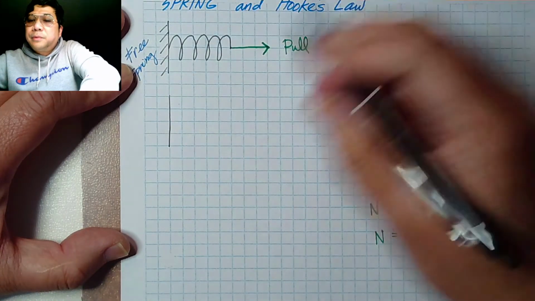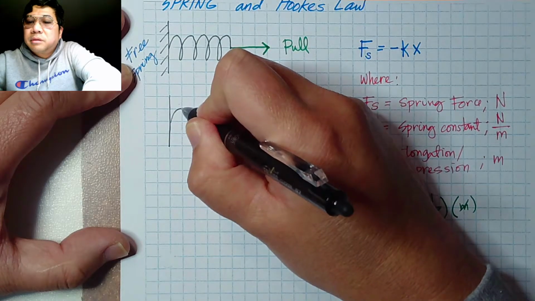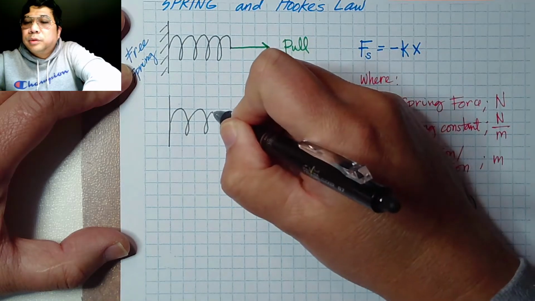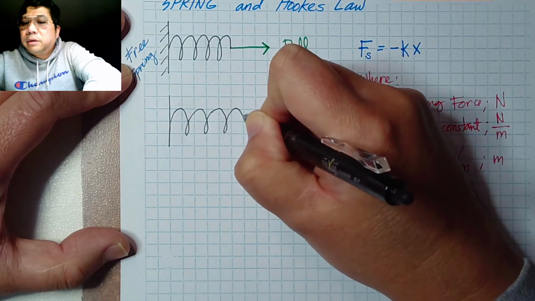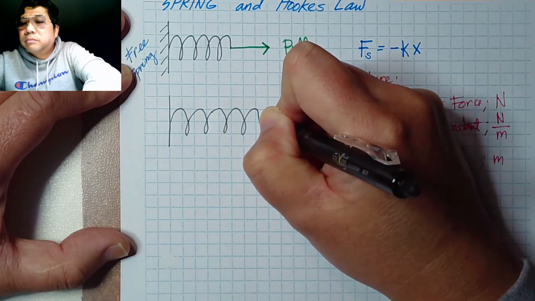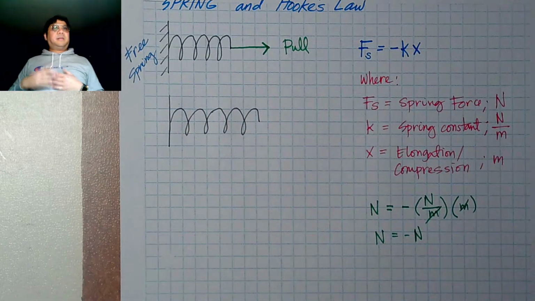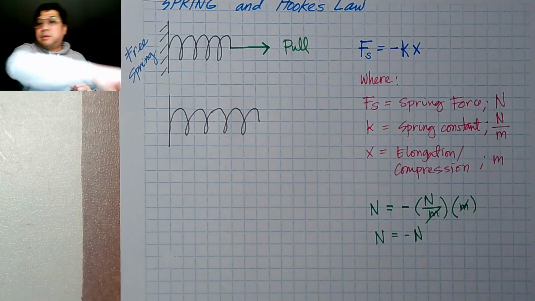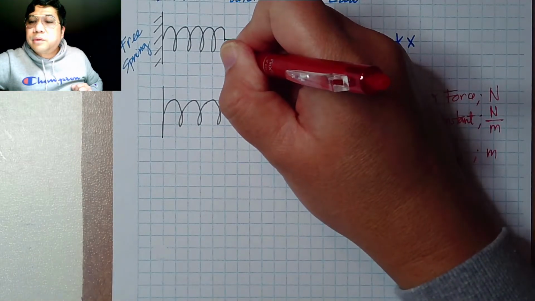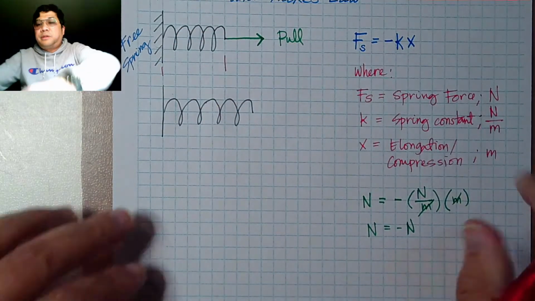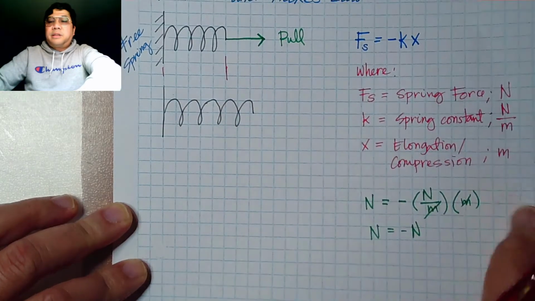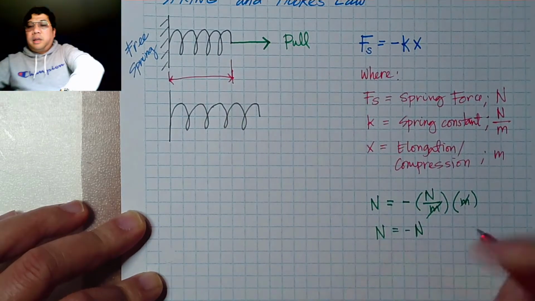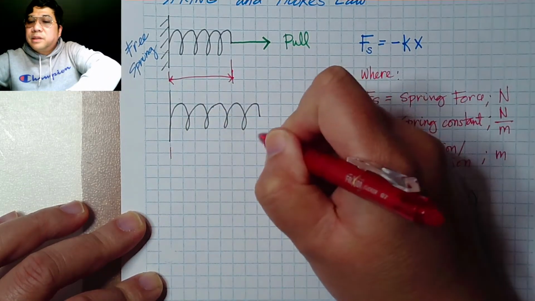So let's say I pull this, like this. If you notice, it gets elongated. Earlier it was this much. This is how long the spring is with respect to this wall where it's attached, or where the contraption is. And now we have this length over here.